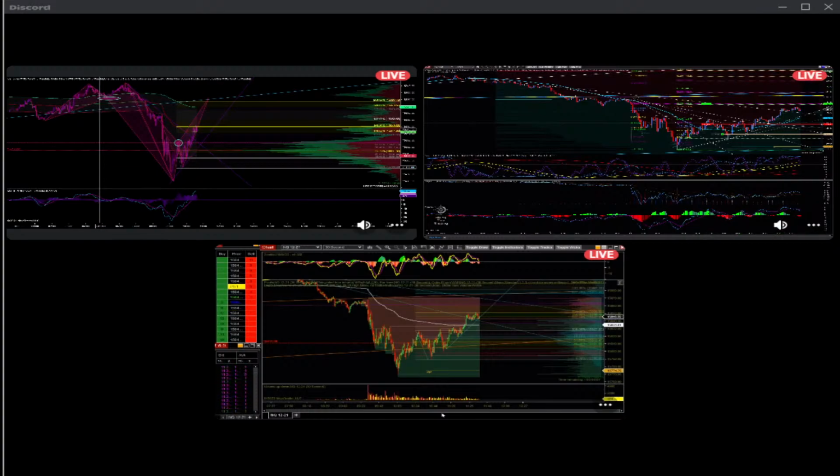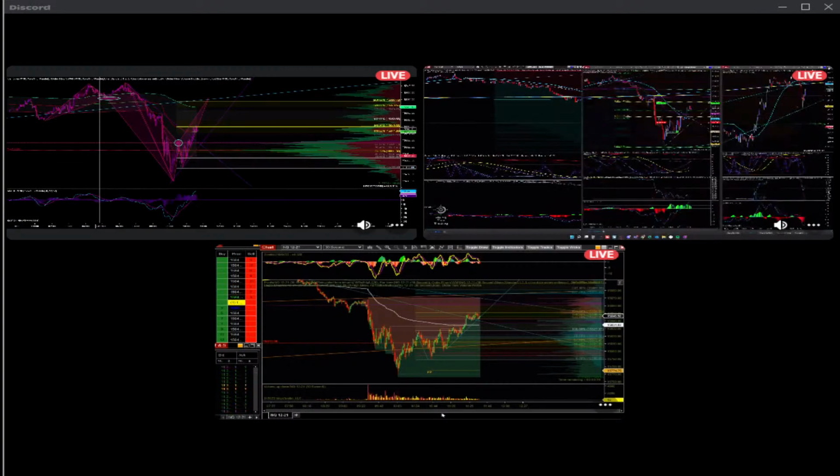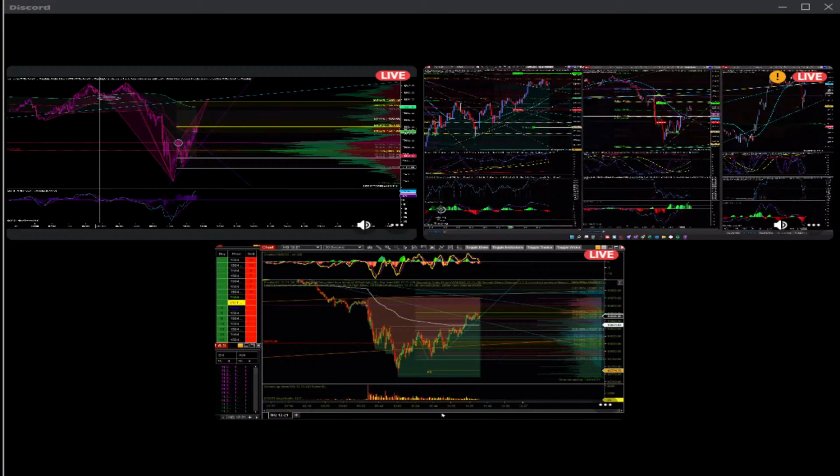Oh, I like that trend line break even less. I'm not a fan of, in this case, how we came up, we tested a trend line, we wiggled around, we came down, we went up, and then the next several 1 minute candles, we rode that downtrend line down. That's a little weak.